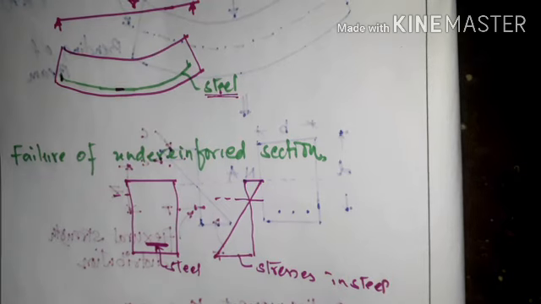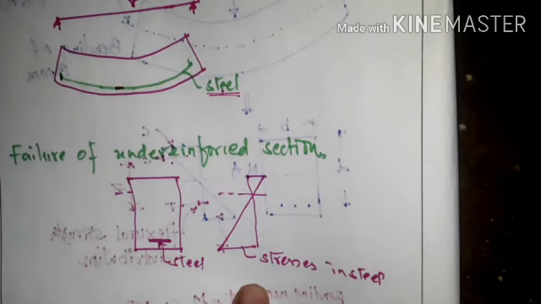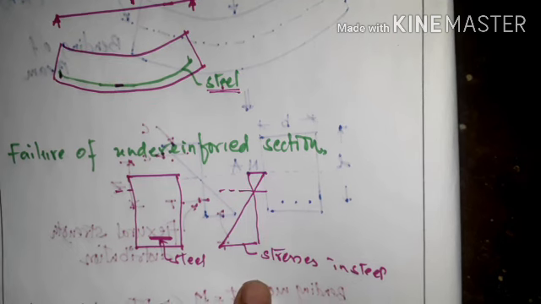Because of this, the additional stresses developed in the first failure case are going to be borne, because we are providing the additional reinforcement, which will be more than the minimum reinforcement.